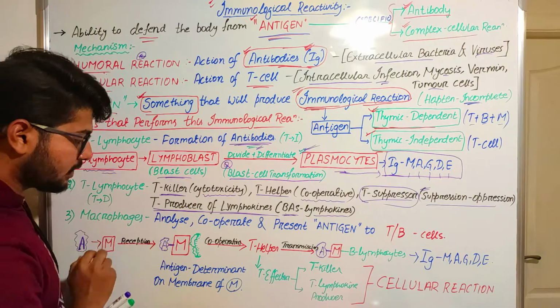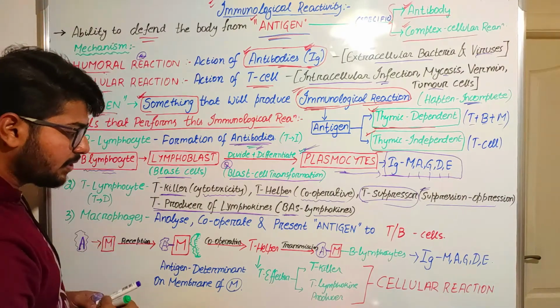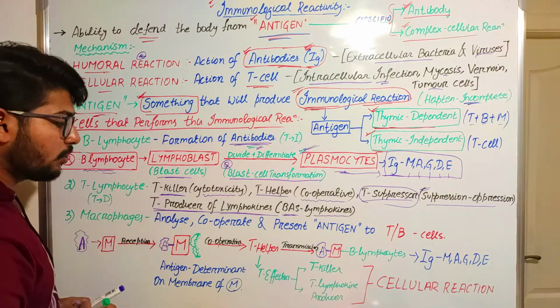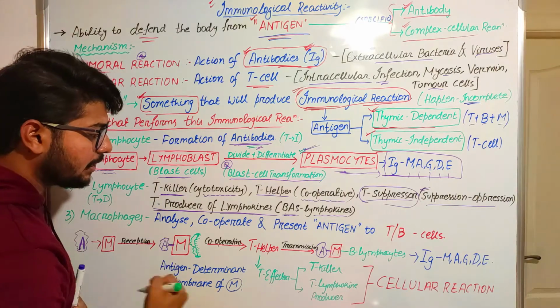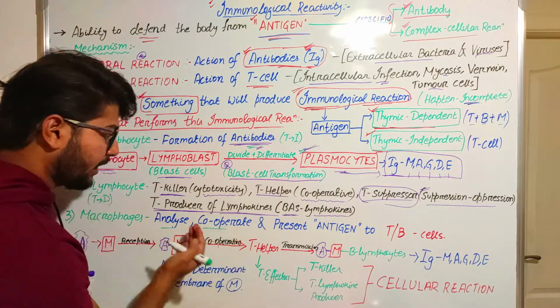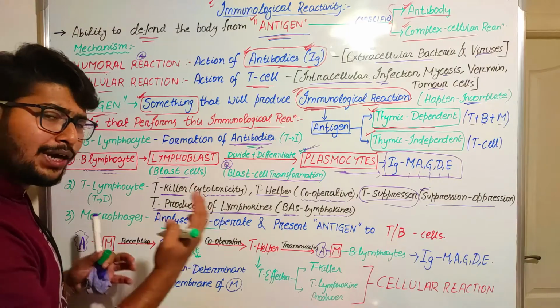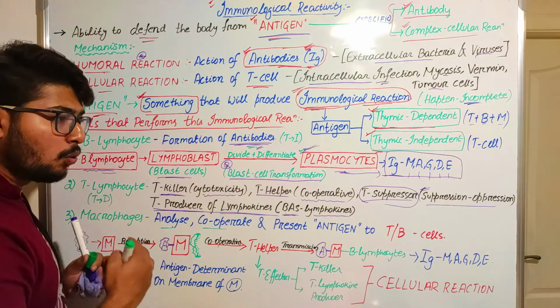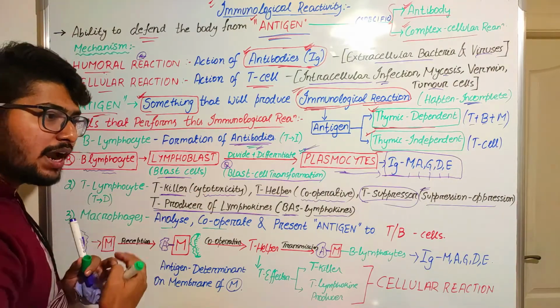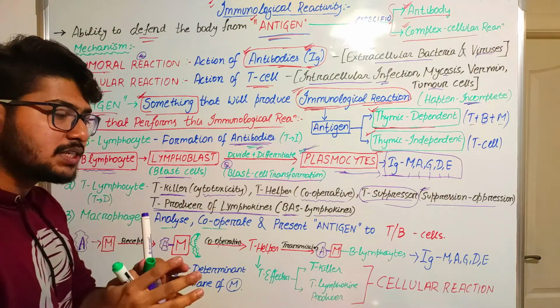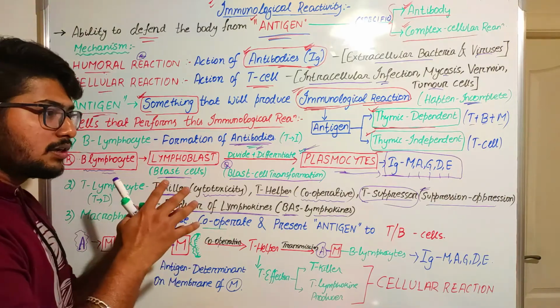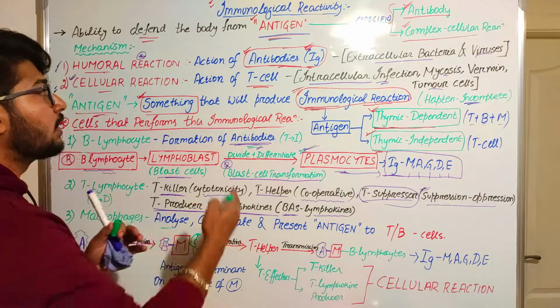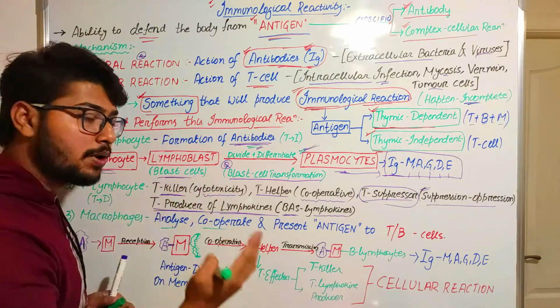Next comes the macrophage. Macrophage is nothing but a cell. As I have said before, it will analyze and cooperate. It will analyze what kind of antigen is coming, whether I need to give the antigen to the T cell or B cell, so that there will be differentiation of the reactions produced by our body.